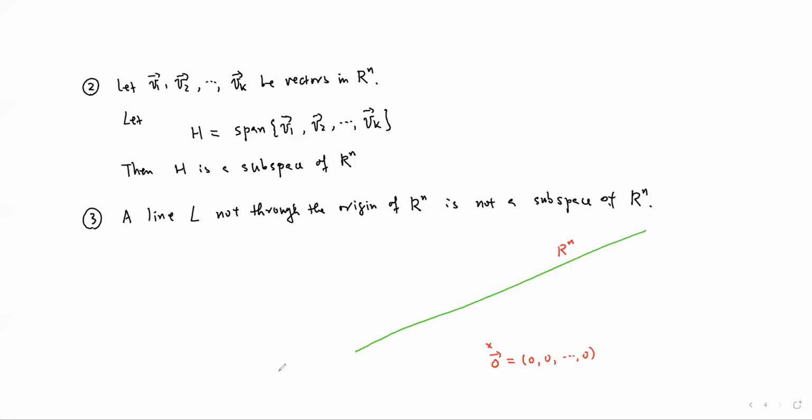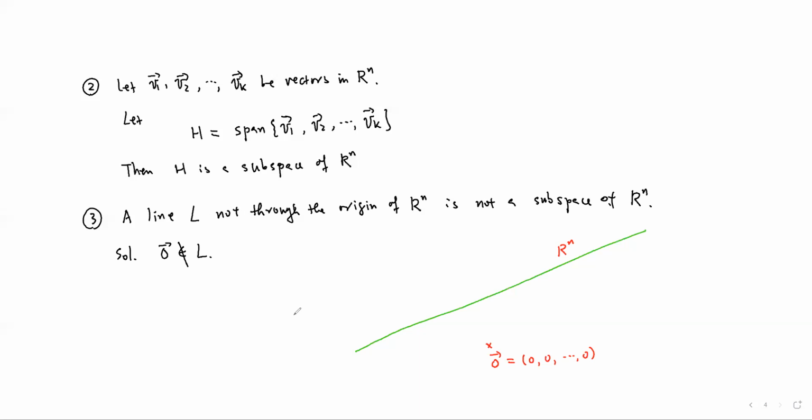Why? Because this L doesn't have all the properties in the definition. Solution: 0 is not in L. Therefore, by definition, this L is not a subspace.